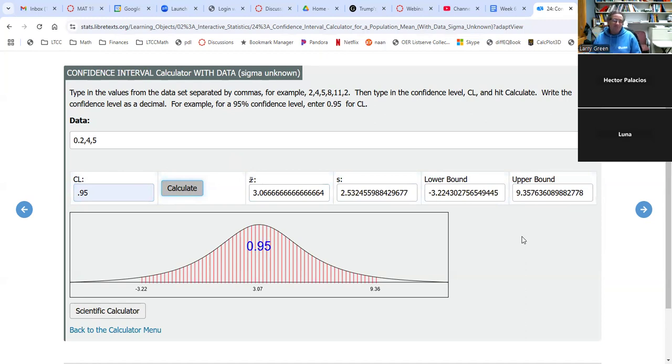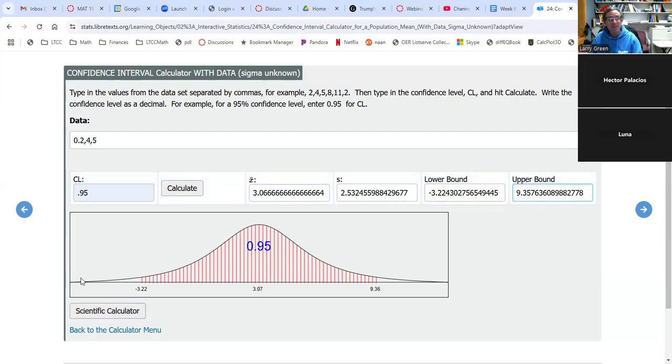Okay, then we just read what it tells us. Notice it also gave us X bar and S. So I did it with a different calculator, but I wanted to make sure that this showed it to us. We have a lower bound of negative 3.2 and an upper bound of about 9.4. Okay, any questions on that? It also shows you the picture, the graph.